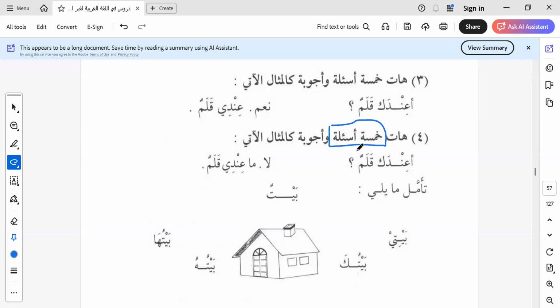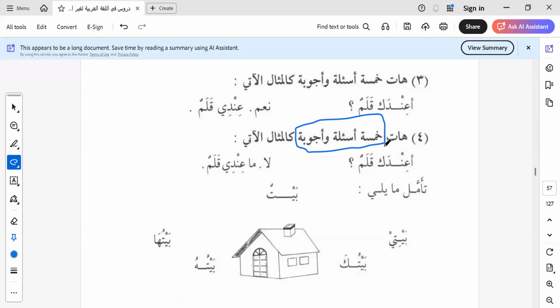In that case, it is now used in the form of a number, and I taught you the principle of numbering from 1 to 10. This one also, ajwibatun, is used in a numbering system, and it is mudafun ilayhi.